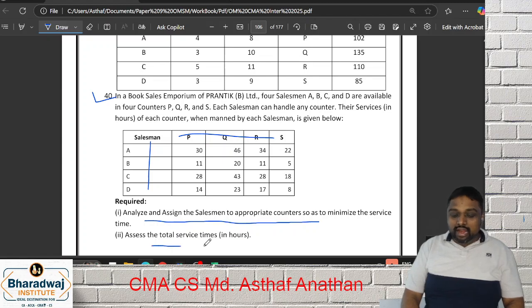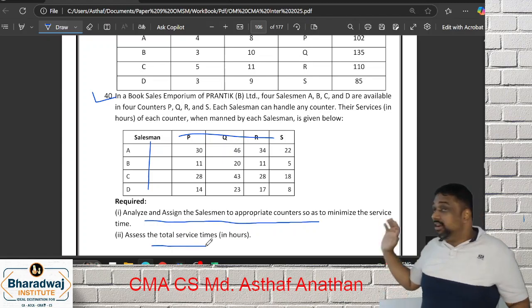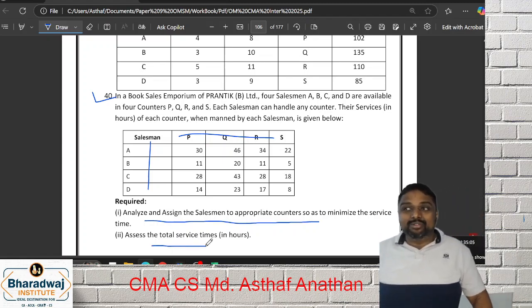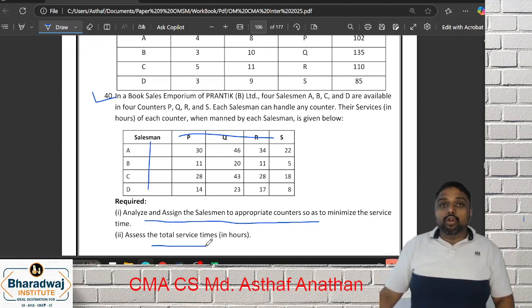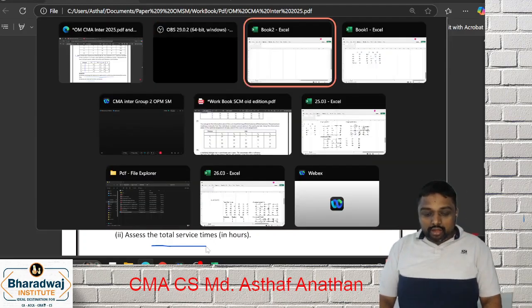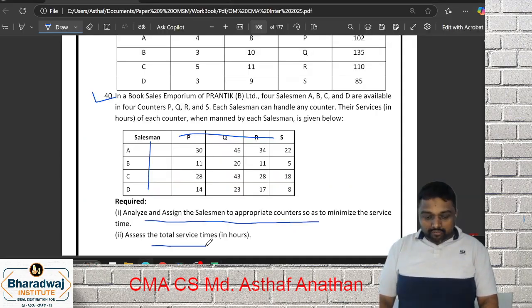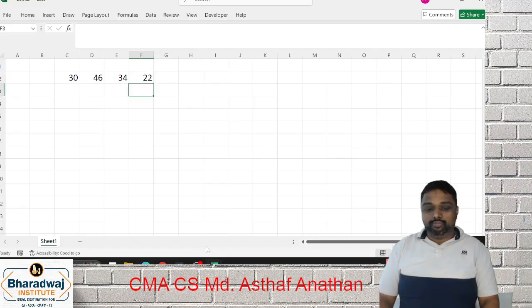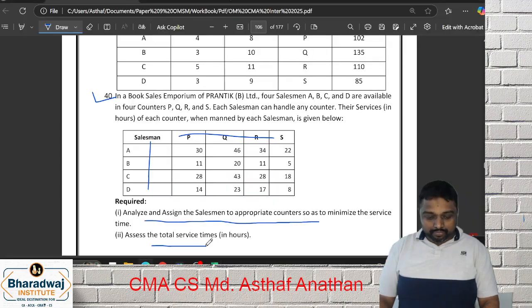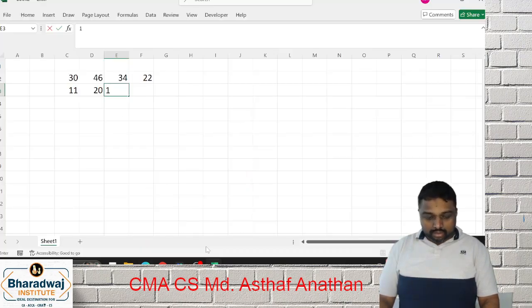What is the total service time? Already they are given in hours. So how do we start, friends? First we go with row operation, then column operation. For a better understanding, I am just copying the numbers here. So 30, 46, 34, 22. Then we have 11, 20, 11, 5.